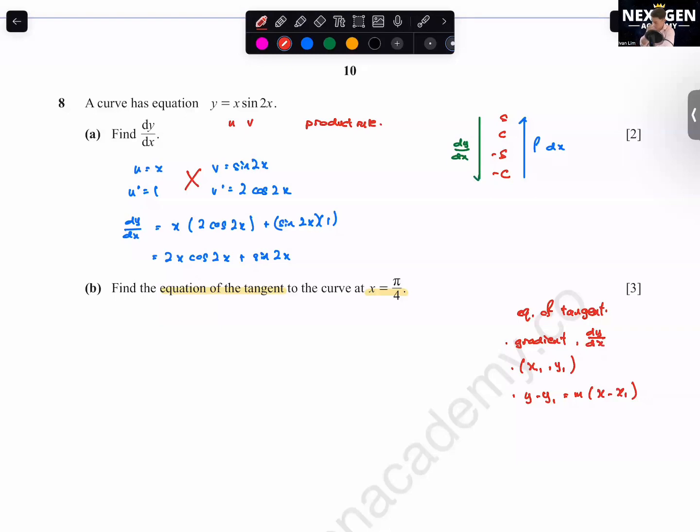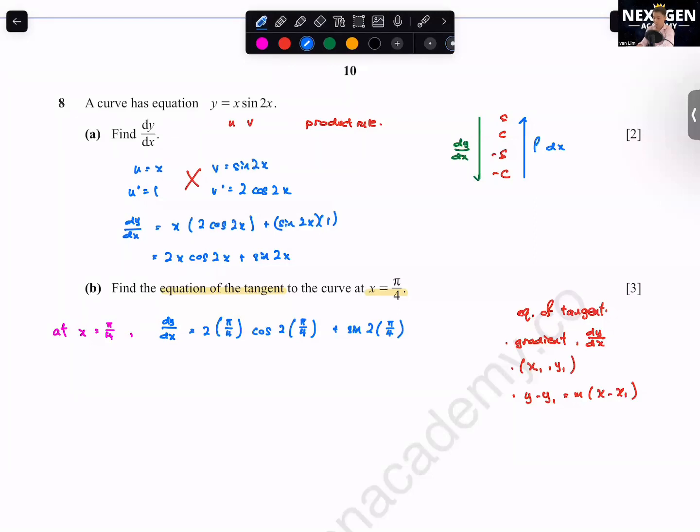Let's do the first thing. We have our dy over dx. Now they say at x equals pi over 4, right? We got the general equation for dy over dx already. So dy over dx equals 2 times pi over 4 cos 2 times pi over 4 plus sine 2 times pi over 4. Can you all change it to radian mode first?